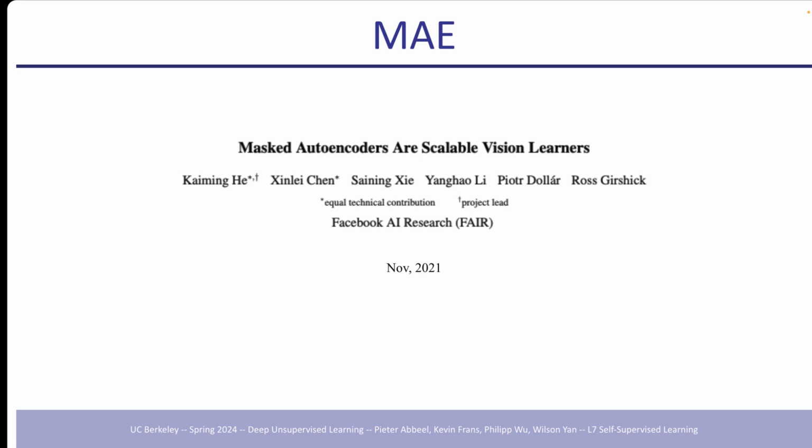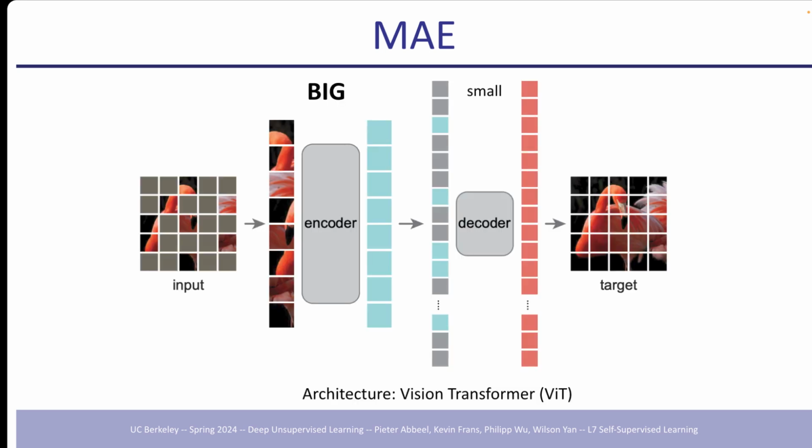Now, the paper that probably had the most influence in the vision space, at least in self-supervised learning, is the MAE paper, Masked Autoencoders. Interestingly, along the same line of work, but just some details maybe were gotten a bit more right. It was more the right time maybe to try it. In the masked autoencoder, the input is an image.